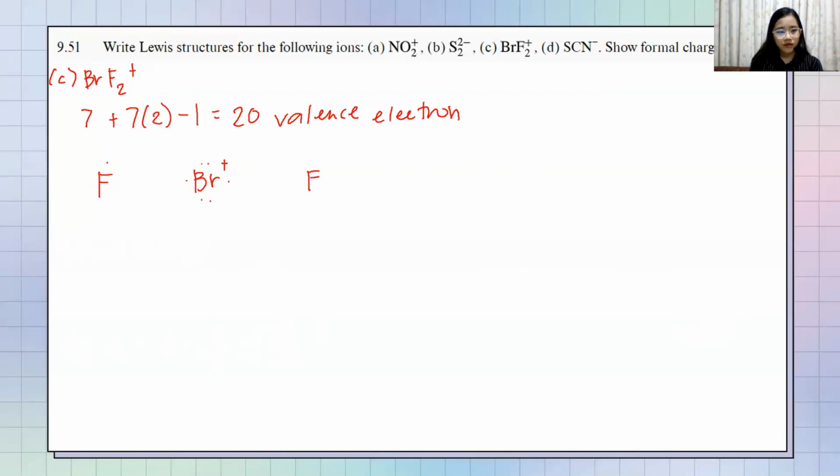For fluorine, we have 7, 1, 2, 3, 4, 5, 6, 7. And same here, 1, 2, 3, 4, 5, 6, 7. So connect, bond it together. So this is the Lewis structure. F bond Br bond F. Don't forget the charge and the lone pairs.